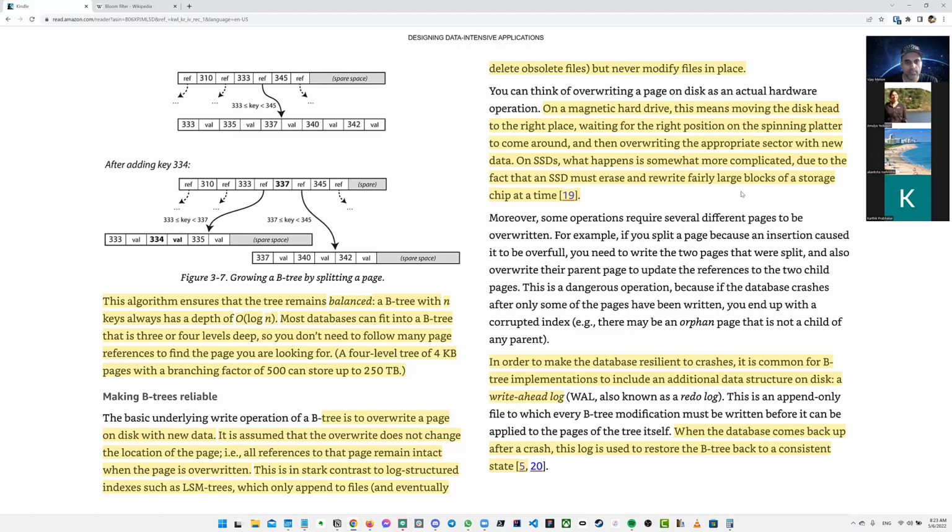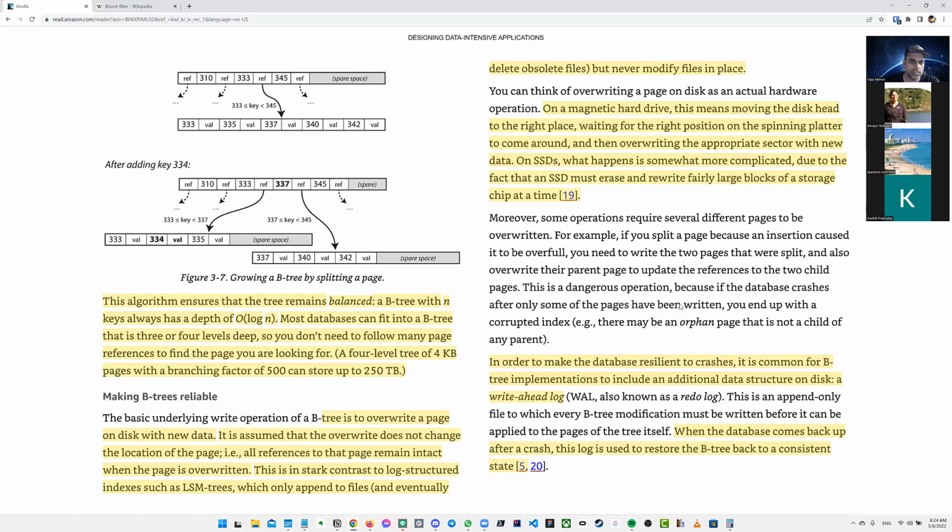Exactly. Since your B-tree tends to have a lot of writes, SSDs happen to be kind of a bad choice for a B-tree implementation.